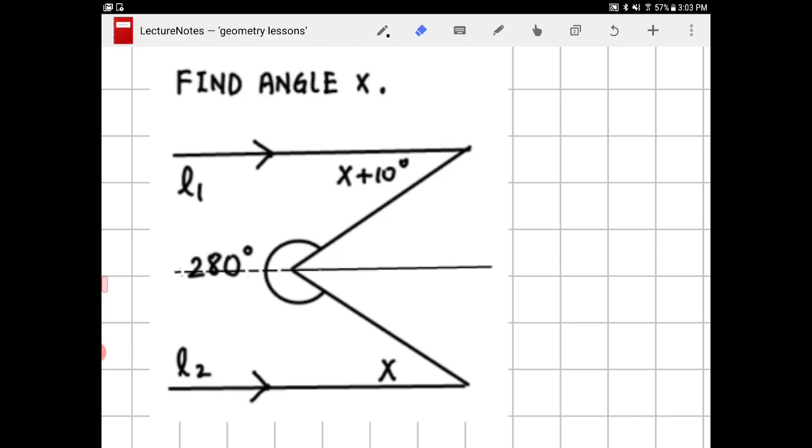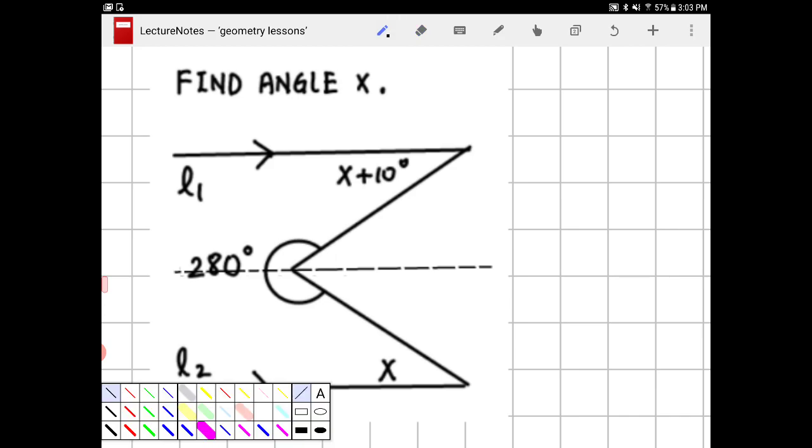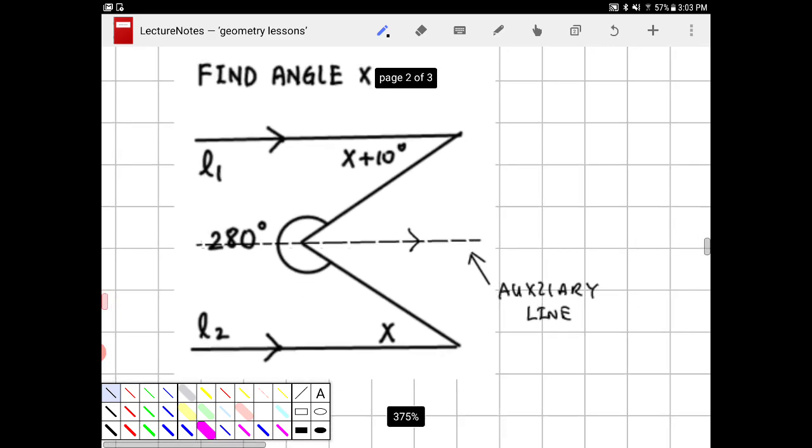So how does that serve my advantage? If I put in this third line, this is what we often call in mathematics an auxiliary line. An auxiliary line is a line that's not part of the original problem. This auxiliary line, I am going to make parallel to the two existing lines that are present.